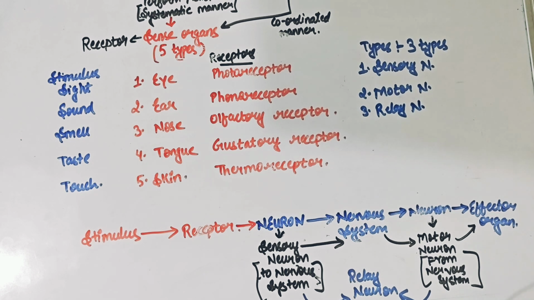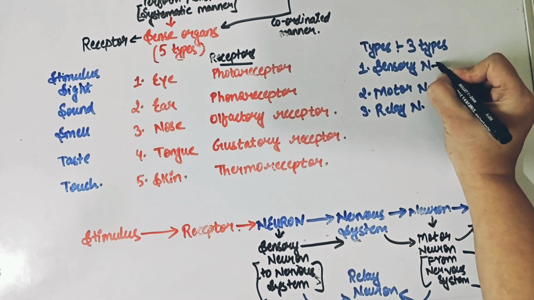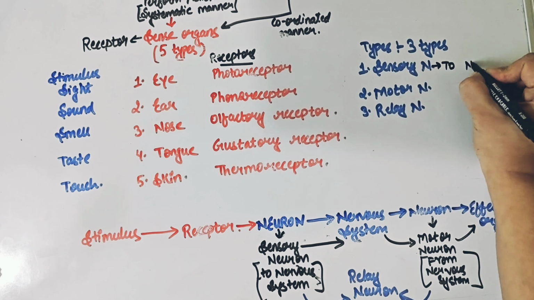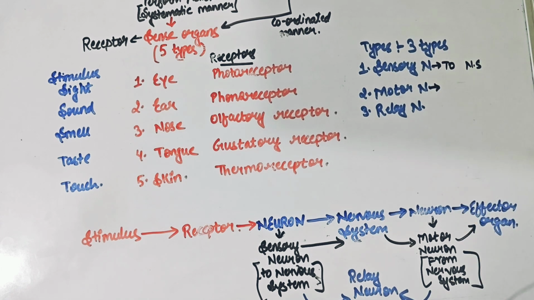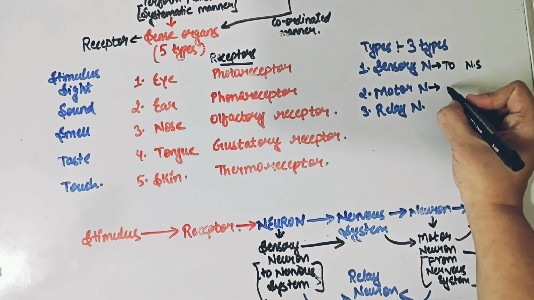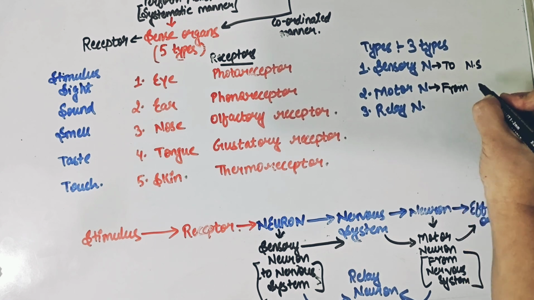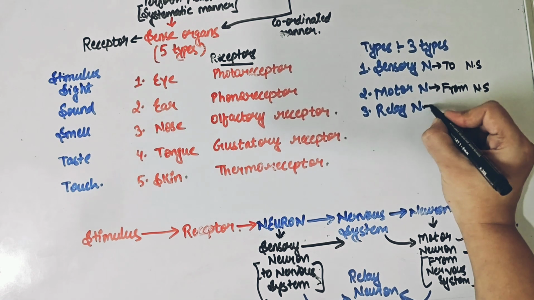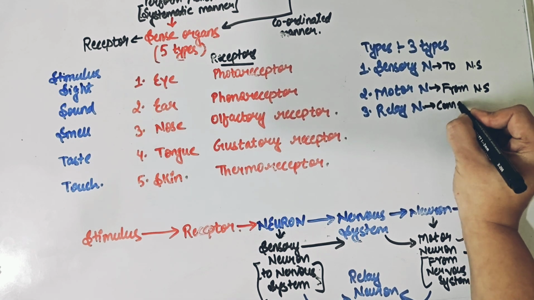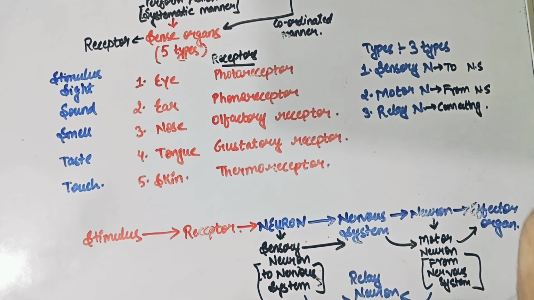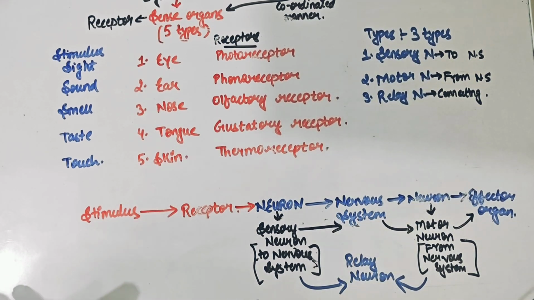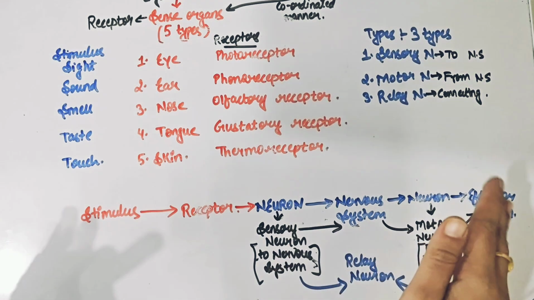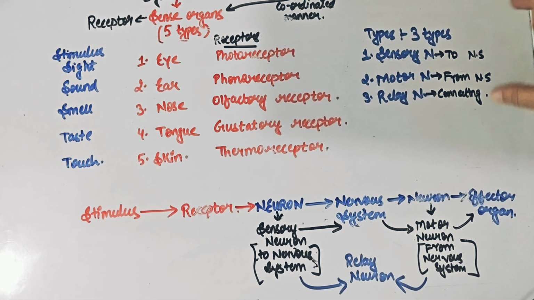Sensory neurons are going to send the message to your nervous system. Motor neurons are going to send the message from the nervous system. And relay neurons are basically a connection between sensory and motor. So with this, children, we have completed what are receptors, how is the information transferred, and what are the different types of neurons in our body.